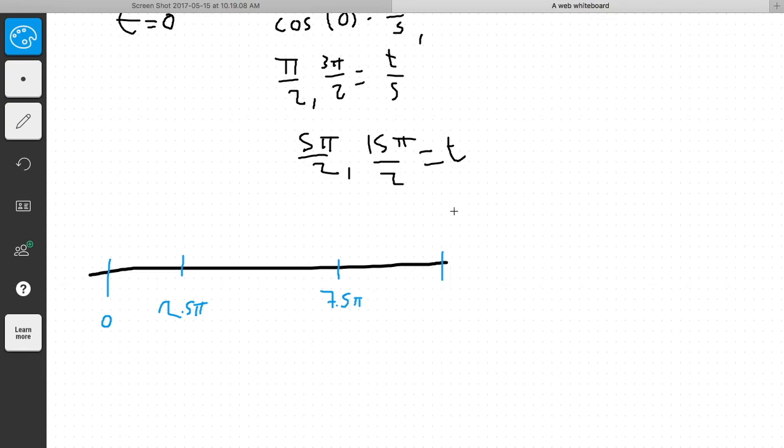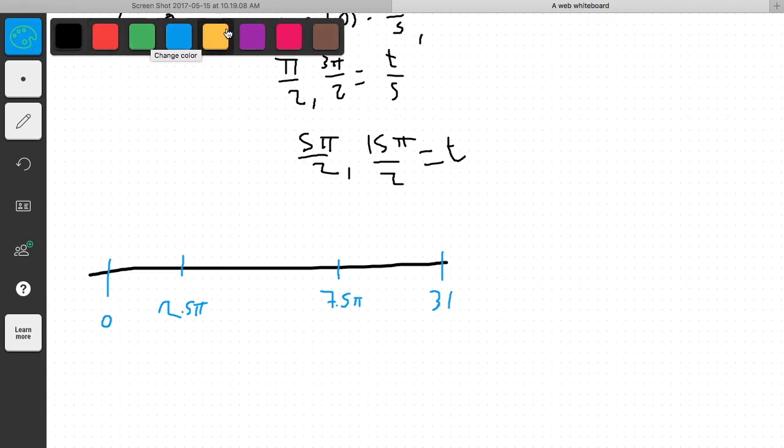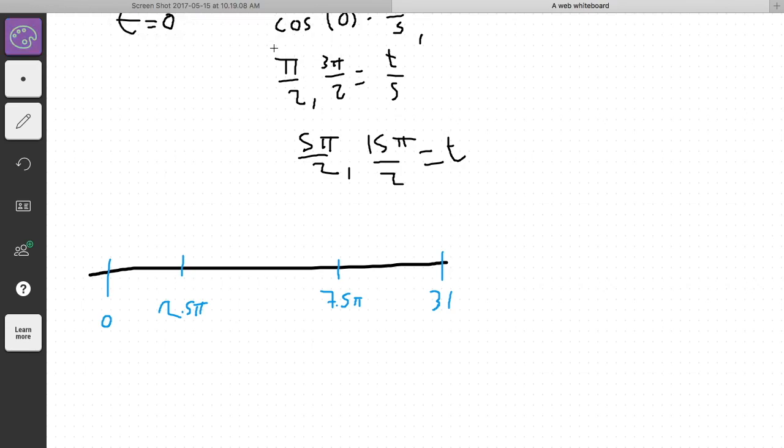And then since we're looking for absolute max, we have to test our endpoint as well. It just so happens that t equals 0 was both an endpoint and a critical point. So 31 is being tested as well. Now we're going to plug in numbers in between our critical points to find if r of t is positive or negative on those intervals.